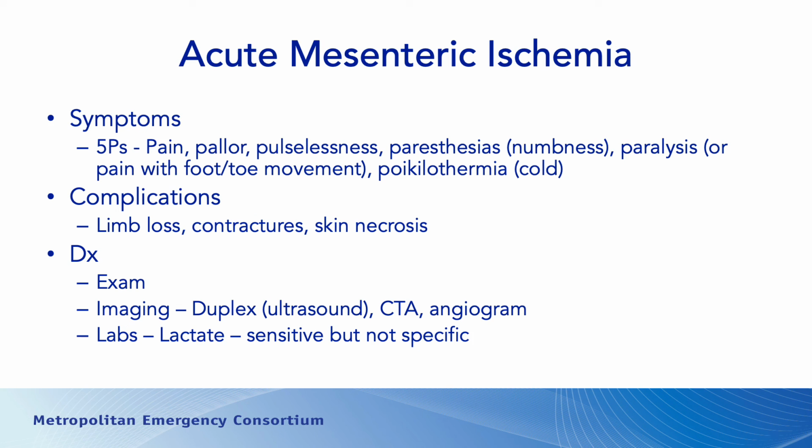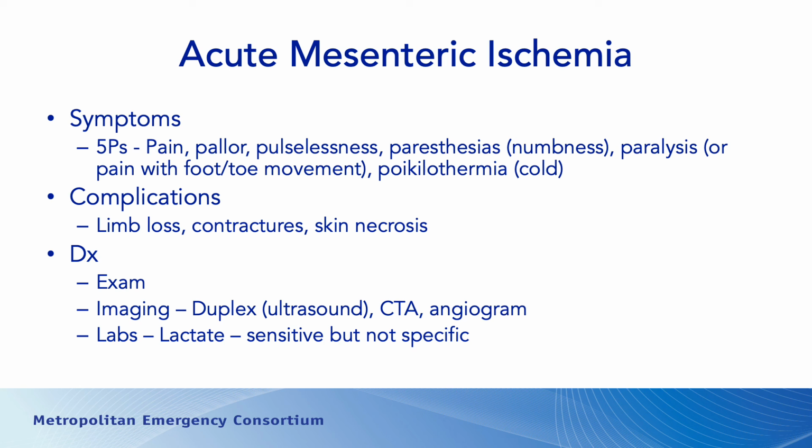What are the symptoms? Well, we talk about the 5 Ps, and you don't have to have all 5, but these are things to think about in any patient with acute limb pain or symptoms, particularly if there's not associated trauma, particularly if you're talking about an older patient or a patient with risk factors. So the 5 Ps are pain, pallor, meaning the body part looks paler than the rest.